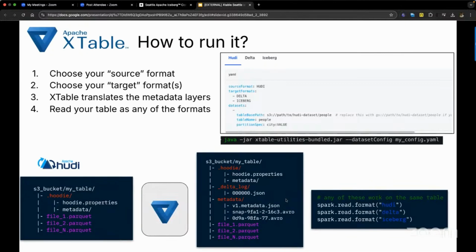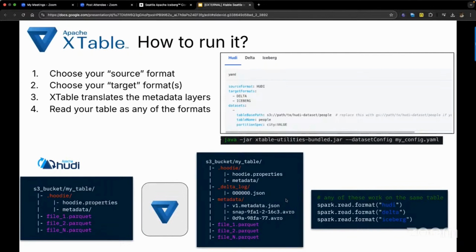And if, for example, let's just say I had this Hudi table over here, I can then download the XTable utilities bundle jar, pass that YAML file that I created, and essentially I can run this XTable jar either on my local machine or on a remote cluster, and it will handle the job of creating metadata for not just Hudi, obviously, which was already there, but Delta and Iceberg.